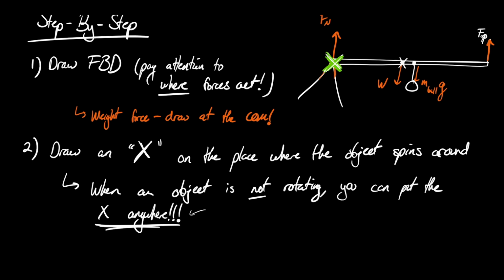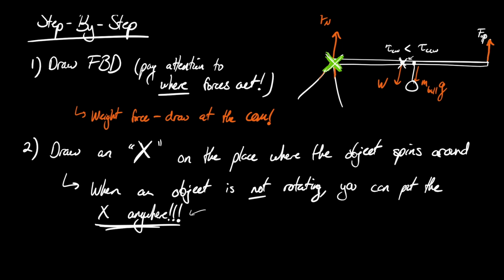If I computed the torques using this new X as the center, and I found that the counterclockwise torques were actually bigger than the clockwise torques, using this point as the center, the object would be starting to turn around this point, which it's not. The object is totally still. It's not spinning around any point. So that's just a vague justification for it, but that is the true result.